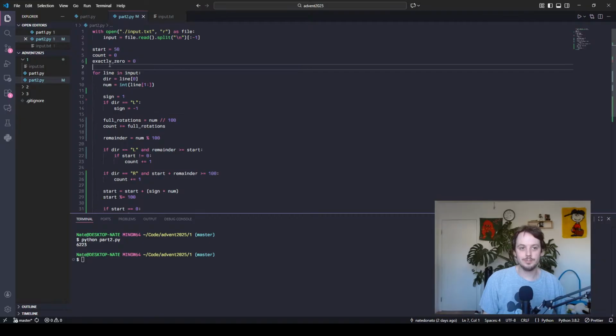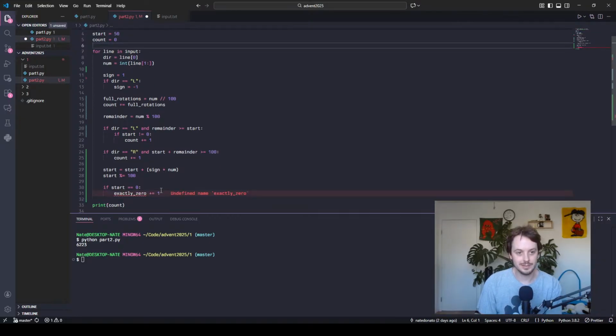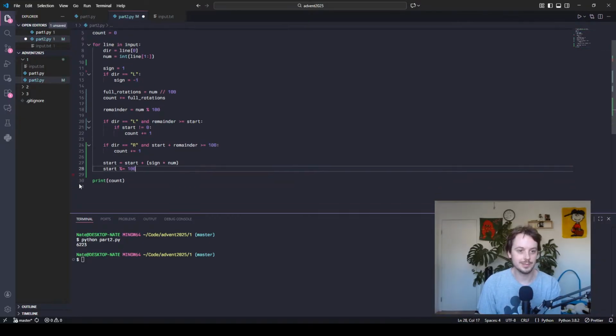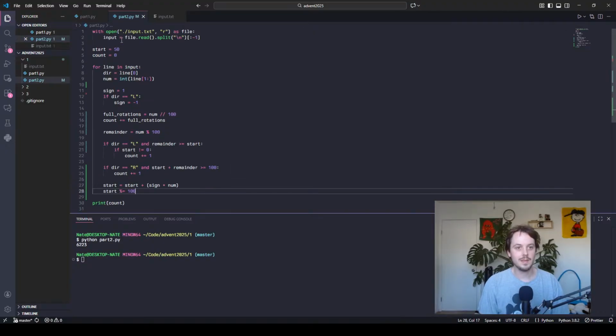Okay, so for our updated code, we can actually take out this exactly 0. Crap, that was just for testing. So we're getting our direction, we're parsing the thing. First thing we do is calculate the number of full rotations that happen by using integer division.